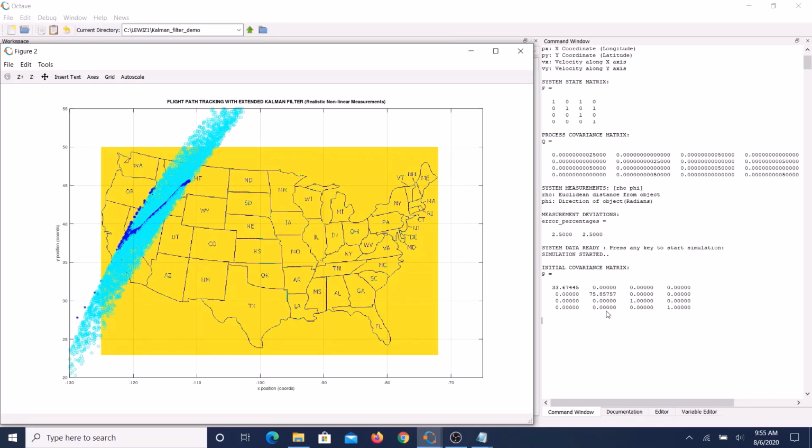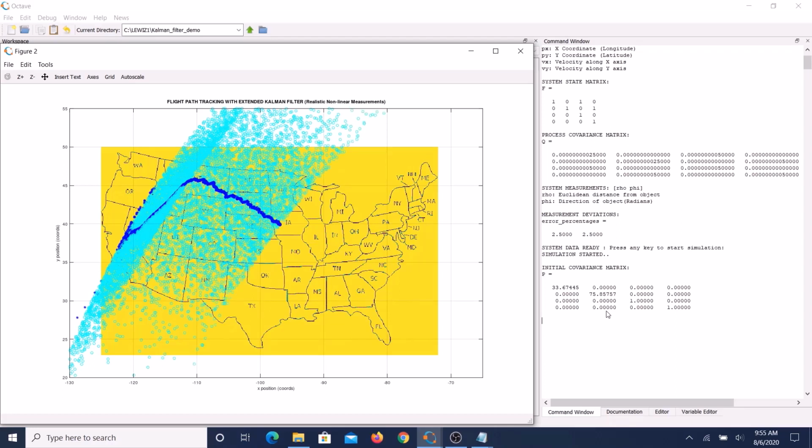As you can see, there is some initial error for the extended Kalman filter, but once it converges on its path, we are getting a pretty good estimate of the actual flight path.